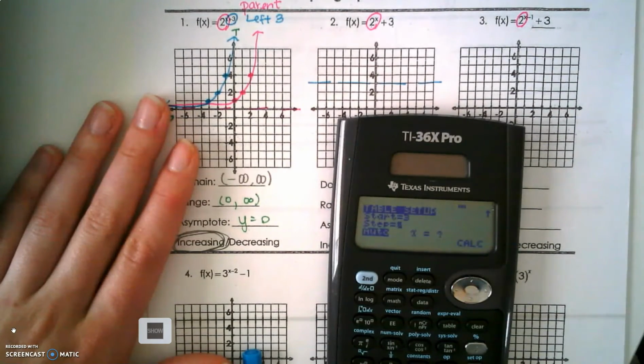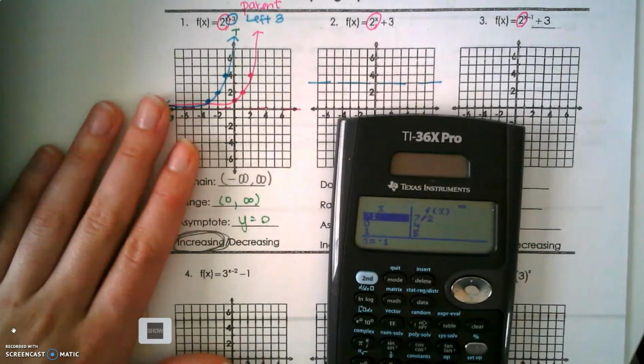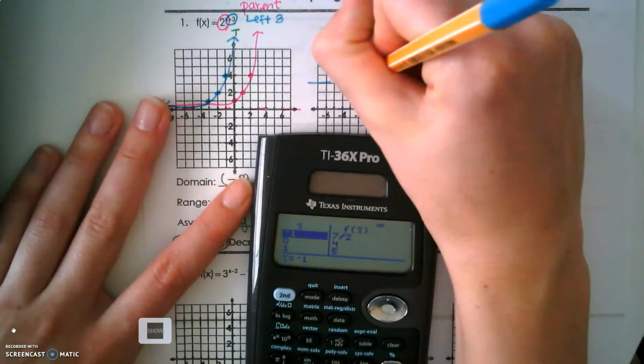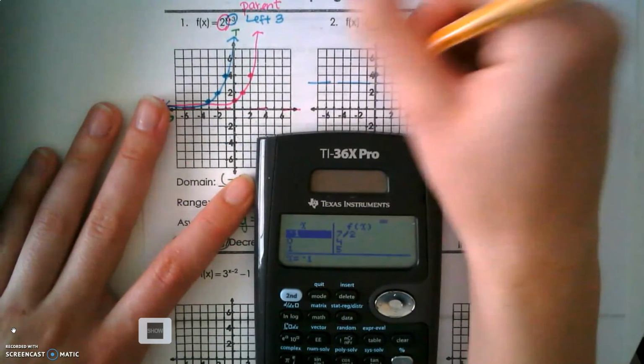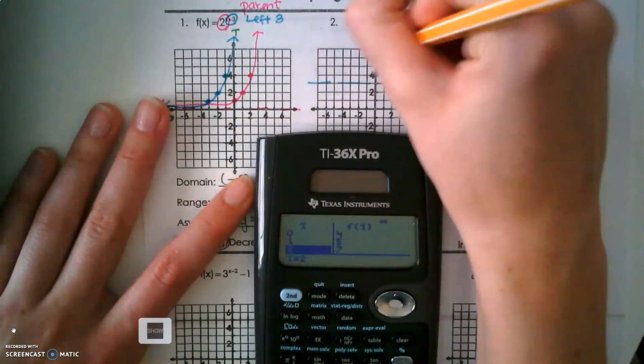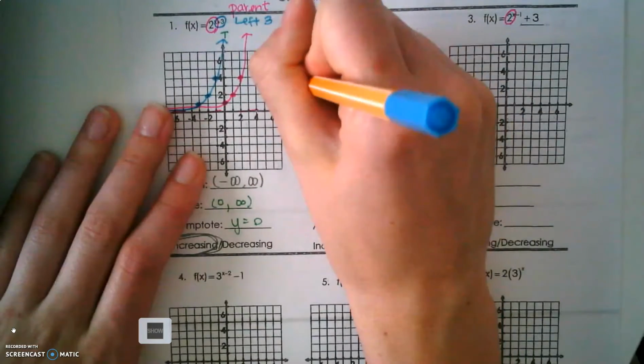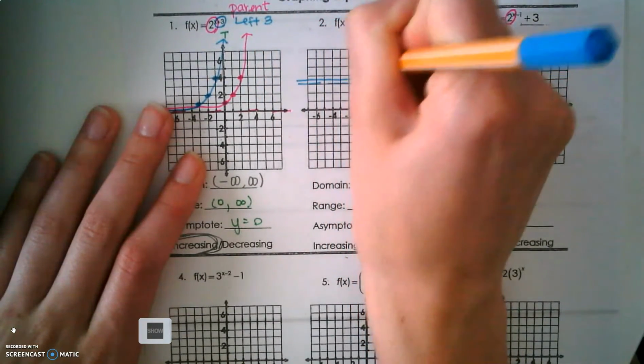All right, so looking for points I can actually graph. I can actually graph 0, 4. I can actually graph 1, 5. I can graph 2, 7, and then I'm off my graph. So again, I'm going to get really, really close to my asymptote, and I'm going to curve it up.